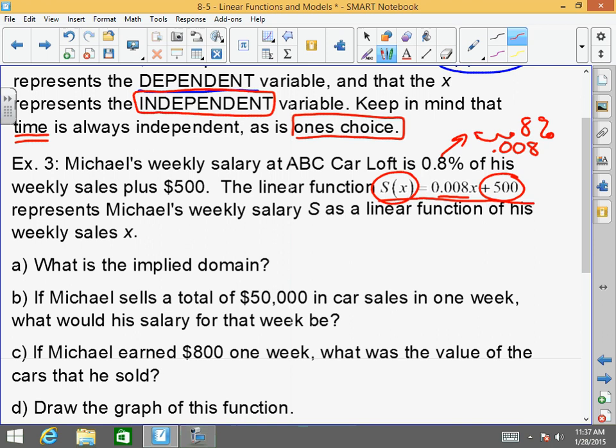Okay, this is function s for sales with independent variable x, where x is the number of sales that I make in a week. Okay, so that function s of x equals 0.008x plus 500 represents Michael's weekly sales s as a linear function of his weekly sales x.